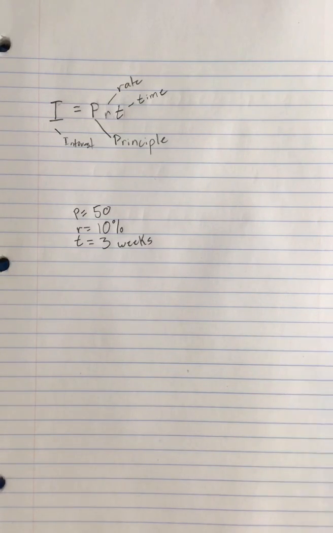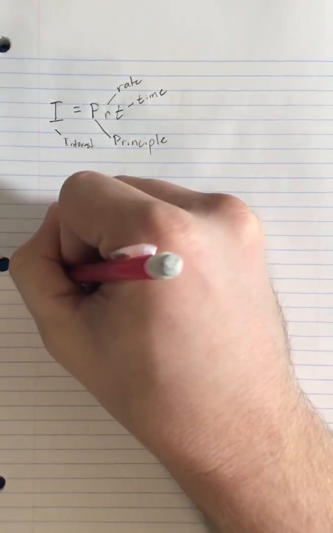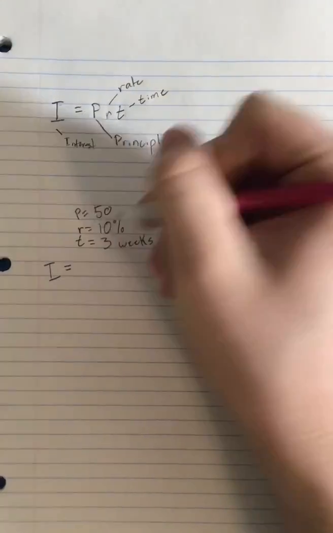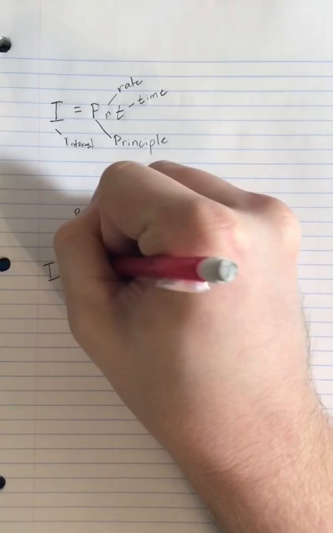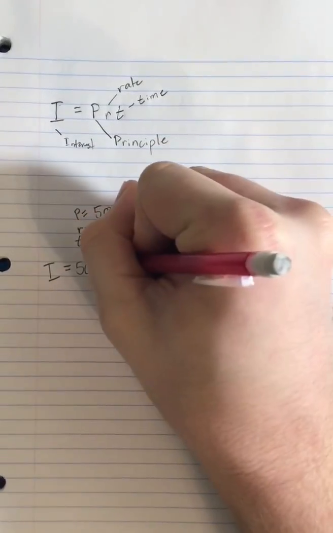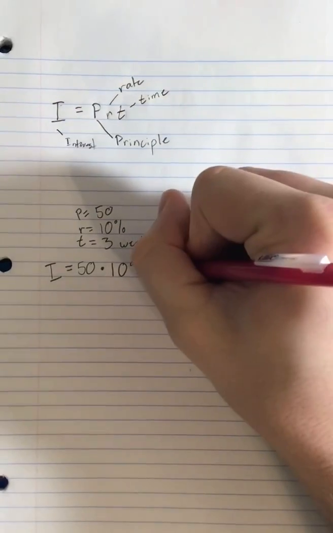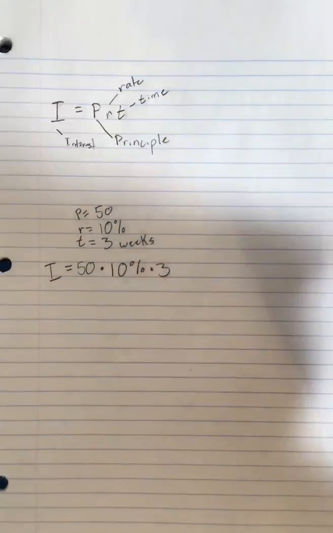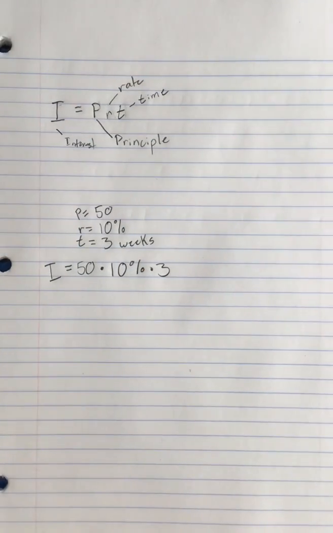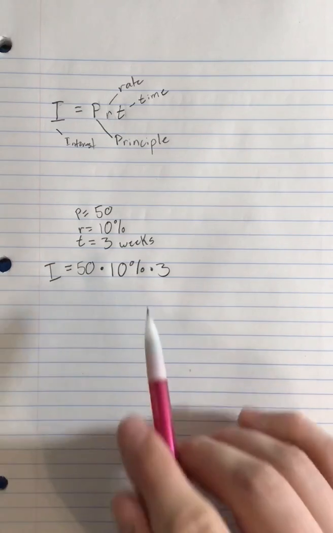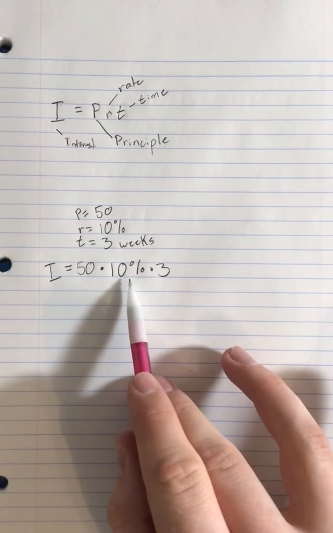So if I want to find out how much interest I've made, I take I equals 50 times 10% times 3. Now we can go ahead and start multiplying here if we want, but one thing we should be aware of is this percent sign right here.